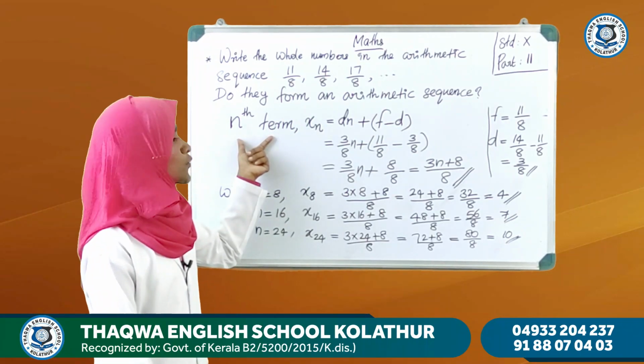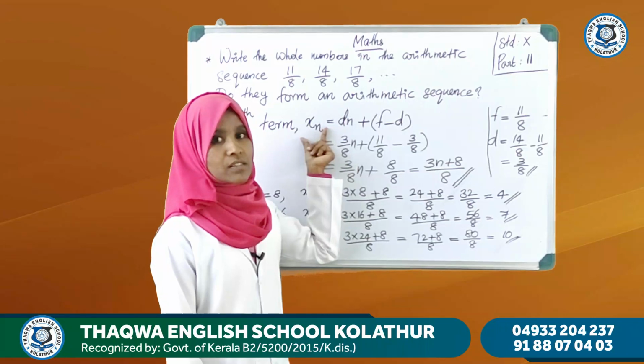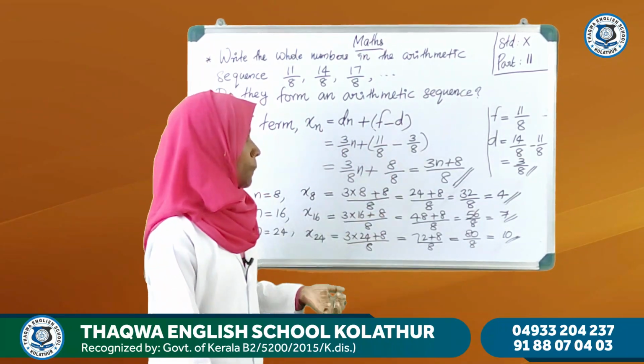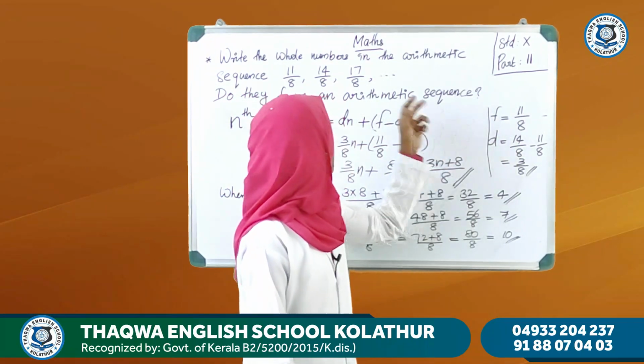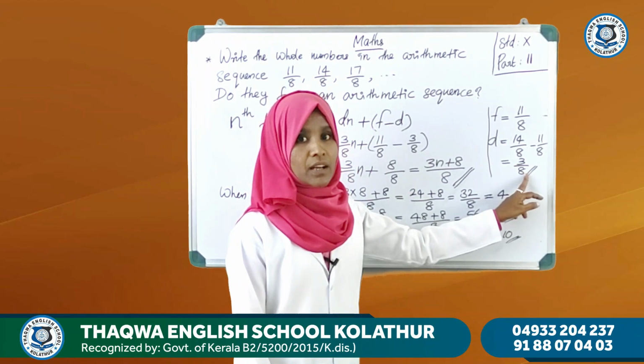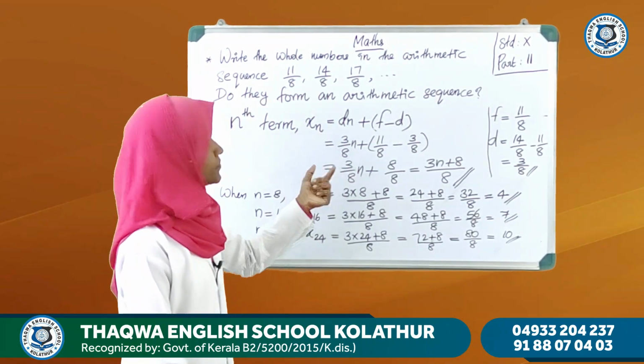So, first we have to find out the nth term. Nth term is dn plus f minus d. Then first term is 11 by 8, common difference is 3 by 8. Now substitute.